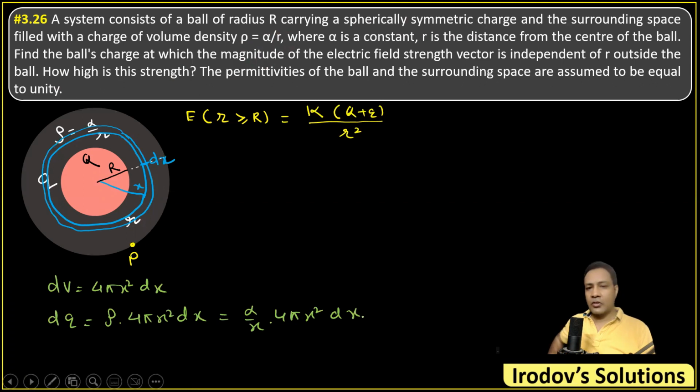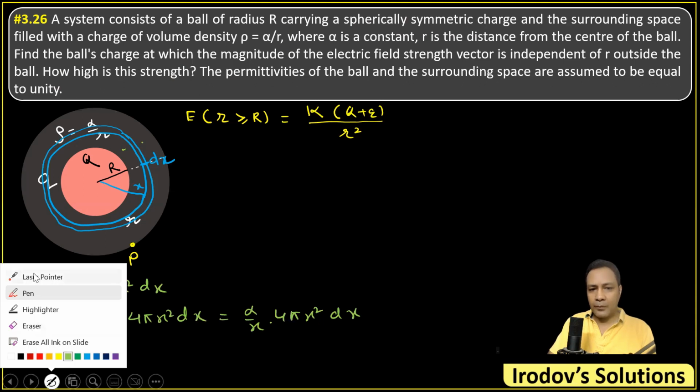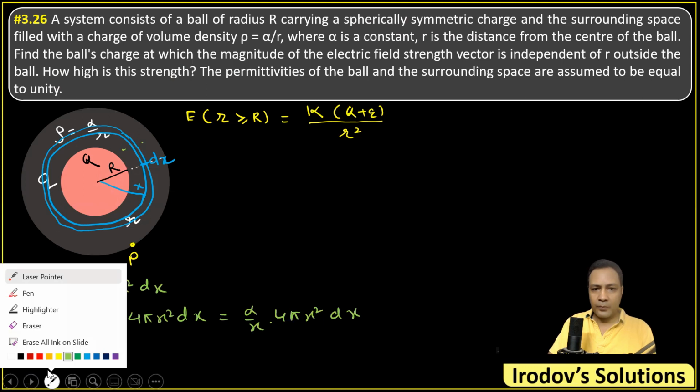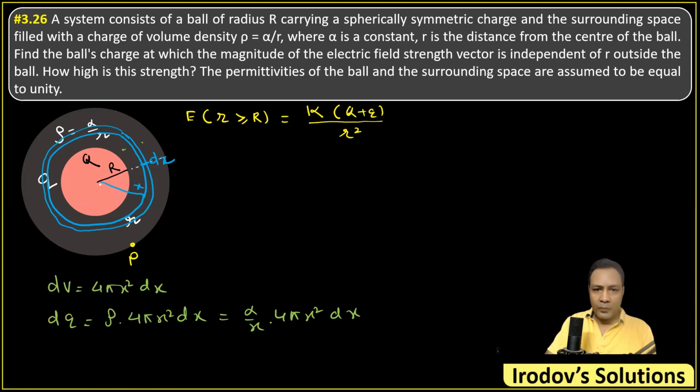We have to find the charge in this gray region, where the limit of x goes from capital R to small r. So the total charge enclosed within that region, small q, is the integration of dq.